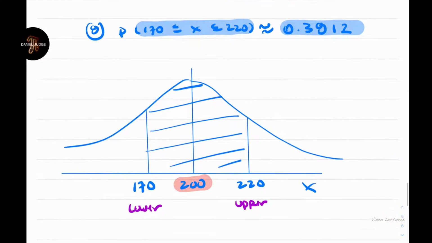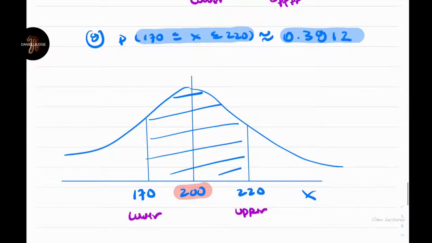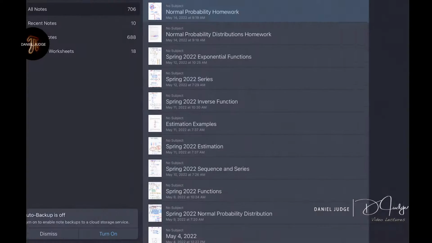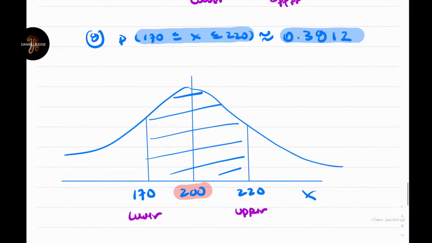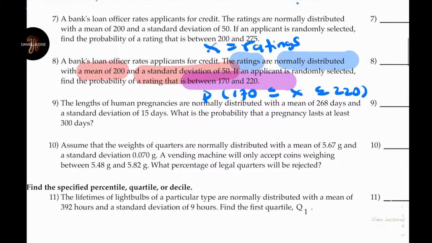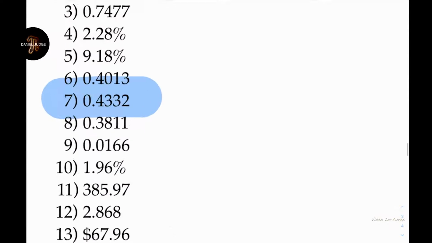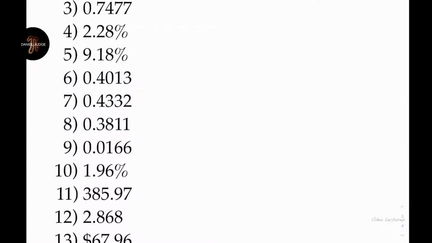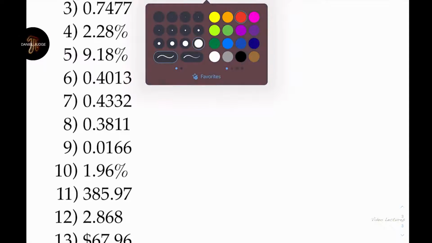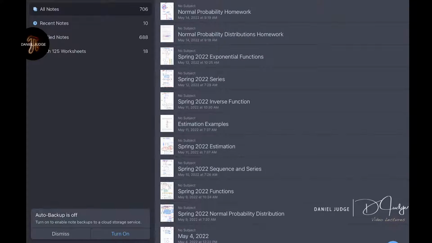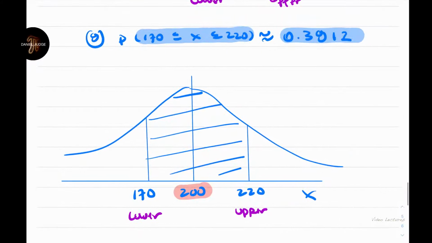So my advice always is draw a picture of the question here, because that's going to help you. Let's see if we get the publishers to agree. 0.3812. And notice this. You go, what happened with the publishers here? Well, again, approximation. There's a problem here. Let me cross that out. I don't know where we're at.